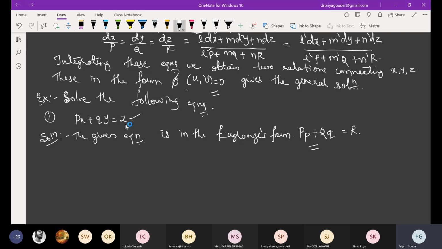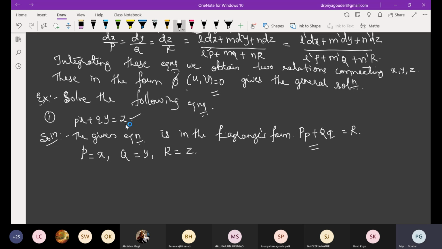Now compare this equation with that equation. Tell me what is capital P. This x is small px, so capital P is x. Capital Q is y, and R is z.